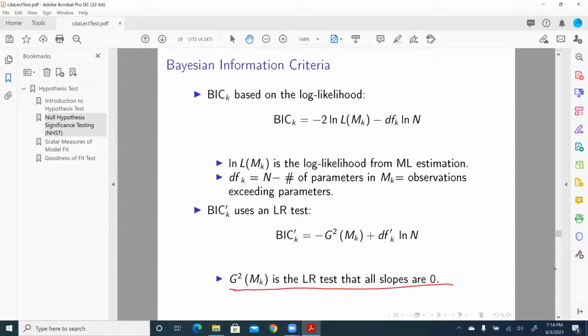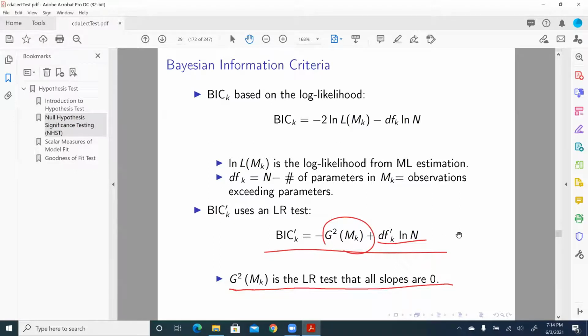So here it's comparing two models. One is the unconstrained model with all the slopes, and another model is the intercept-only model. That is the statistic here, and we multiply it by negative 1, then add the second term. The numbers for BIC prime and BIC are going to be different.